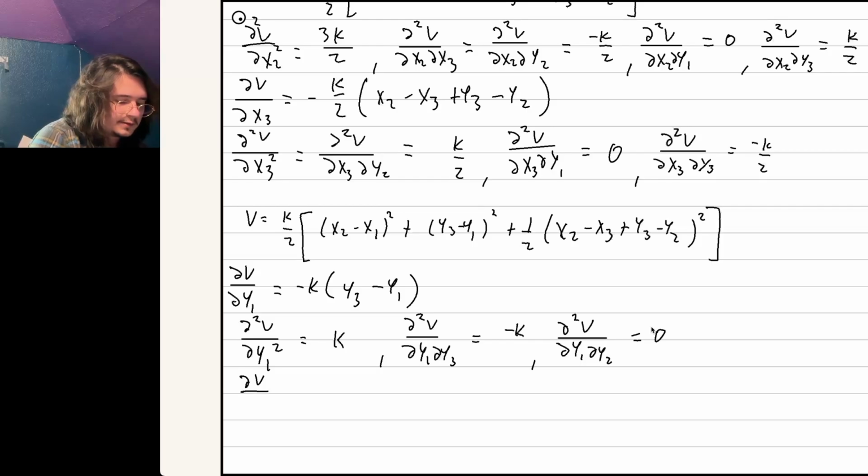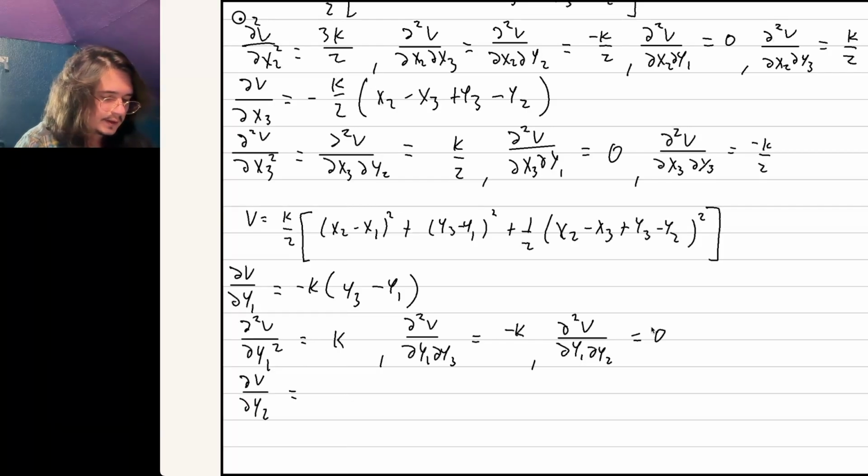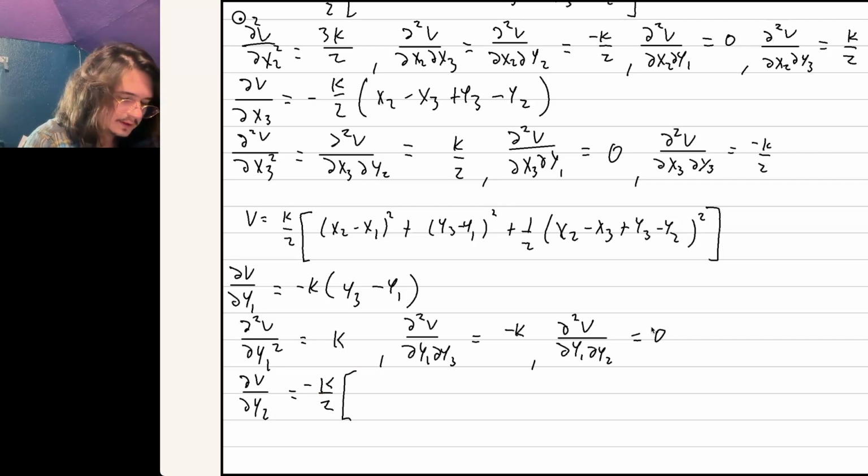Then del v del y2 has k over 2 with minus k over 2 times x2 minus x3 plus y3 minus y2.